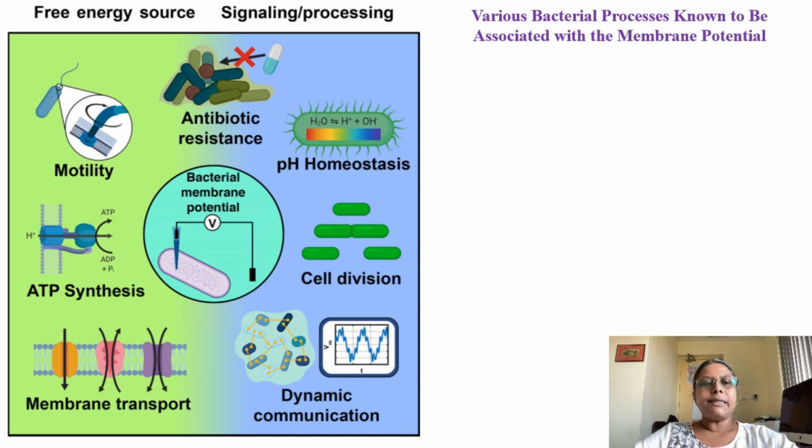By depolarizing this membrane potential, bacteria enter into a non-dividing transient state, which is the persister state, wherein they are more resistant to antibiotics. Homeostasis of pH is also controlled by proton pumps, which maintain the proton motive force and thus are dependent on the membrane potential.